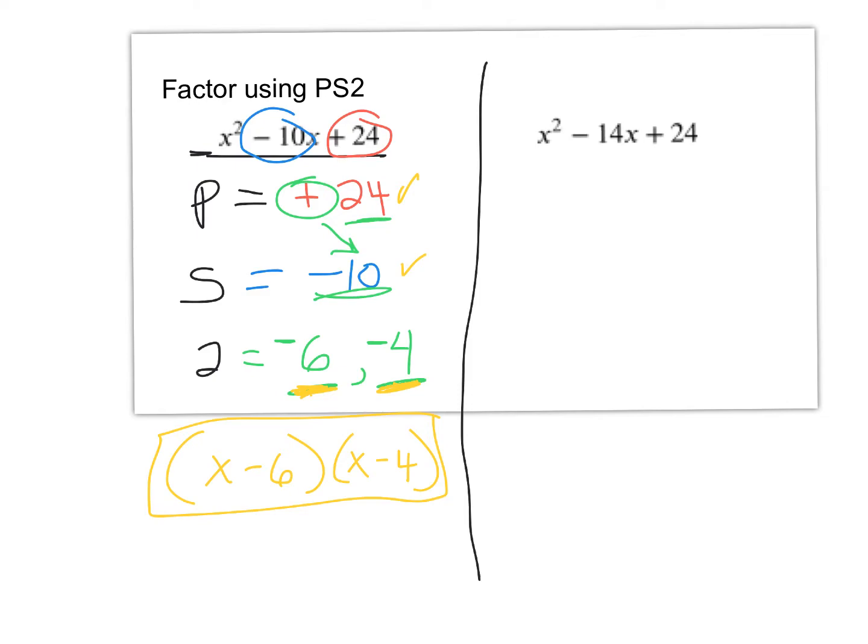Again, start off, do I have 3 terms? Yes, I do. Is there a leader in front of the square? No, there is not. So I can go right to PS2. So my product, positive 24. My sum, negative 14.